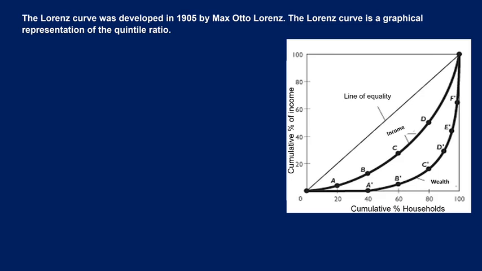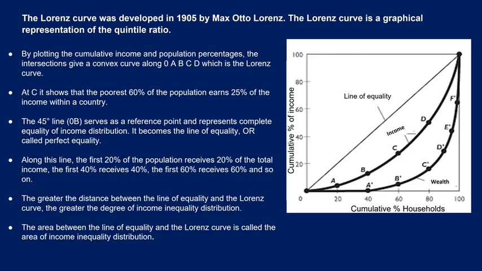So there we see, by plotting the cumulative income and population percentages, the intersections give a convex curve along OABCD. You see there, that's the curve that we got there. And that curve is what is then known as the Lorenz curve.